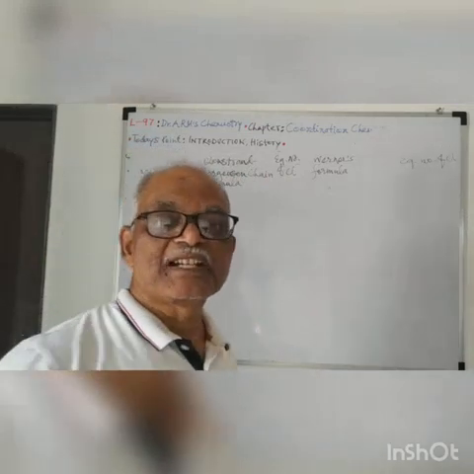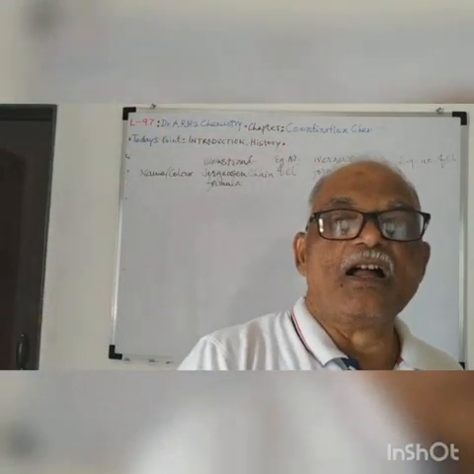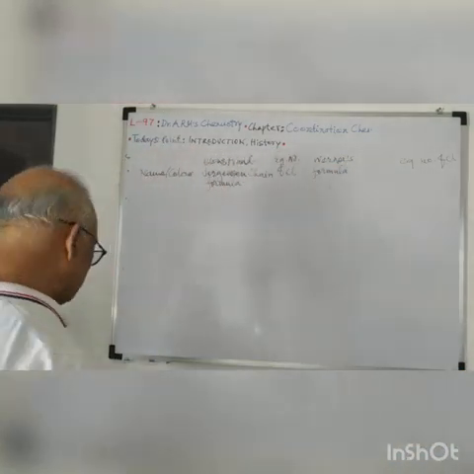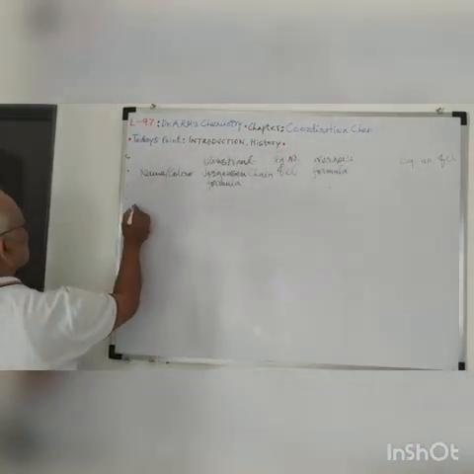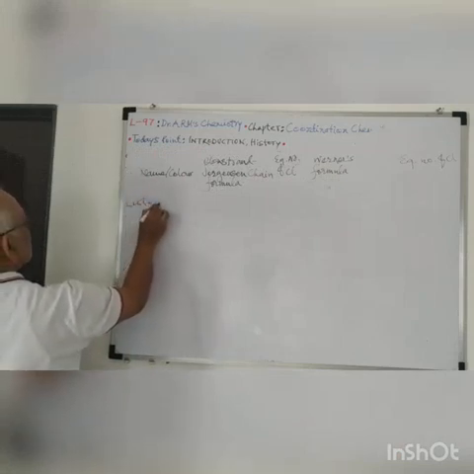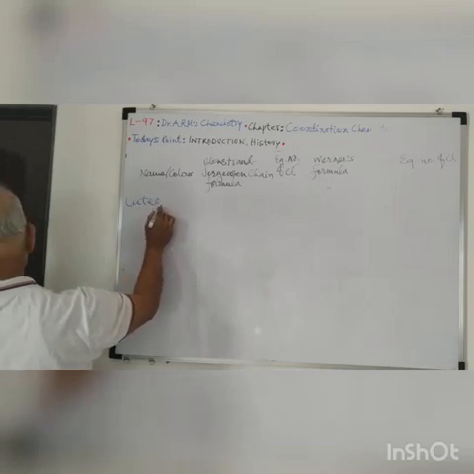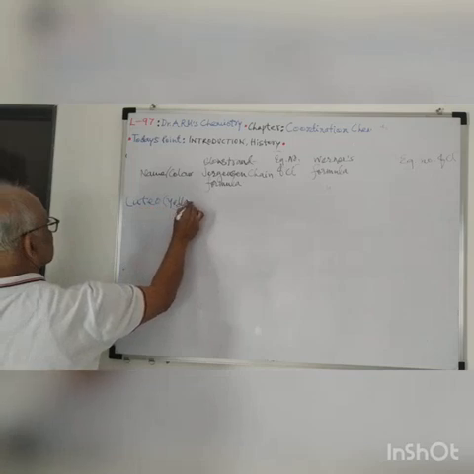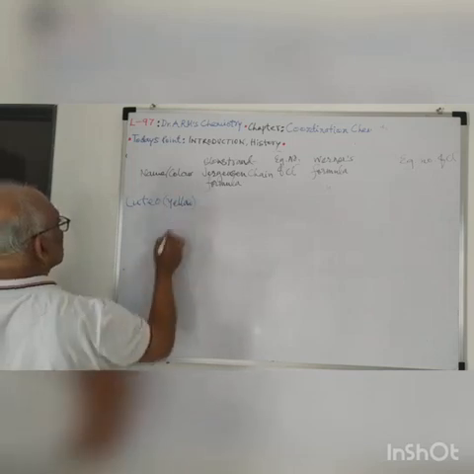So the complexes were named in the beginning according to the color exhibited by them. So they are named as Luteo first, or it is yellow.